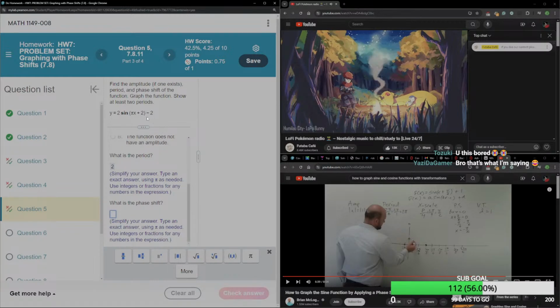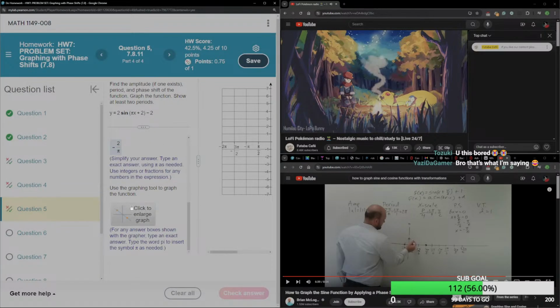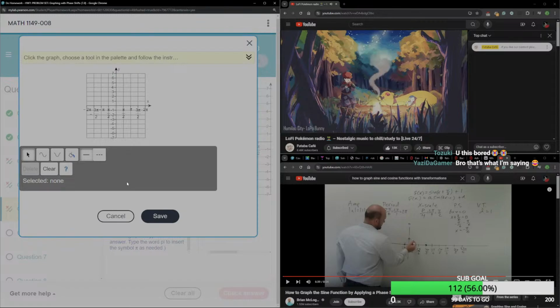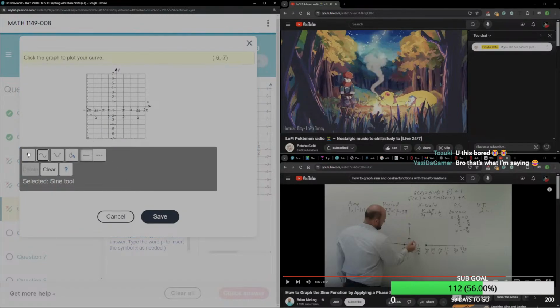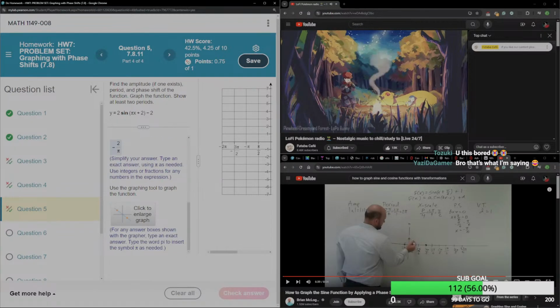Phase shift C over B, 2 over pi, -2 over pi. Whoops. Like anytime I try to graph it though, it just puts the actual values there. What was my phase shift? -2 over pi.